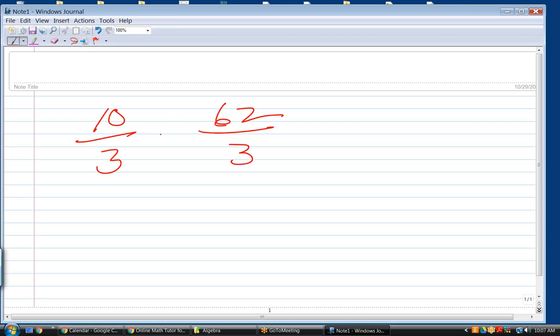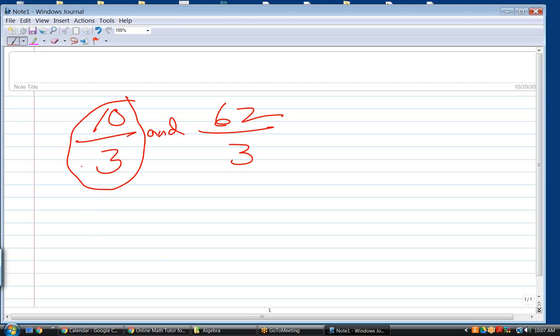How many odd integers are between these two numbers? So, what's the first one? 10/3. Okay, what is this equal to?